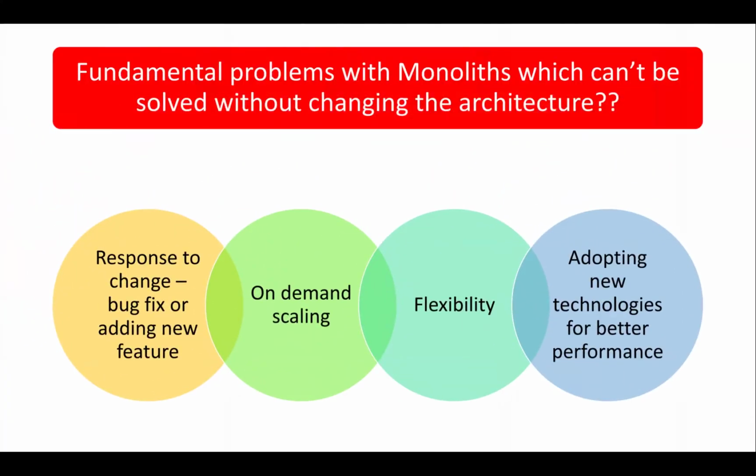Fundamental problems with monoliths, which cannot be solved without changing the architecture. Sir, I'm in monolith, sir. For these points, apart from changing the architecture, I cannot achieve them. Response to a change, bug fix, or adding a new feature, I cannot achieve.